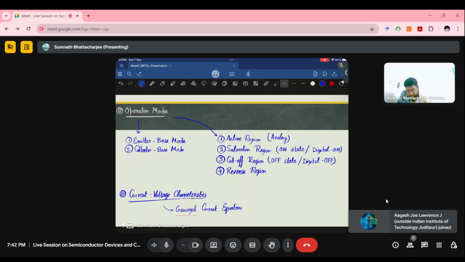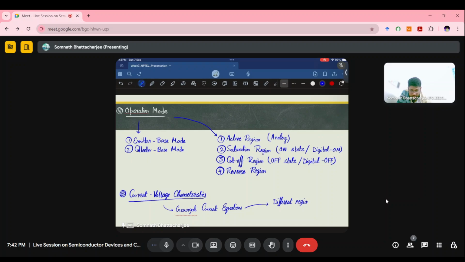And also from this we can derive, for different regions or different modes, what is the value of current in each terminal.